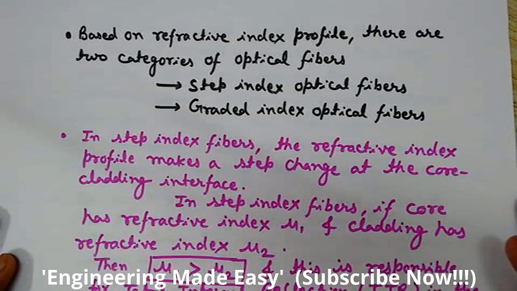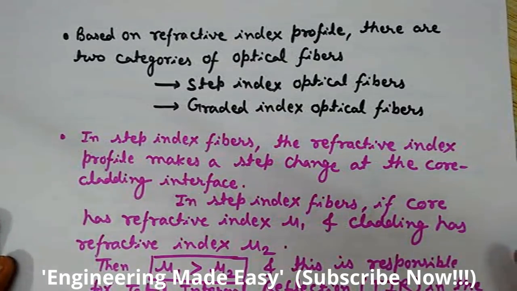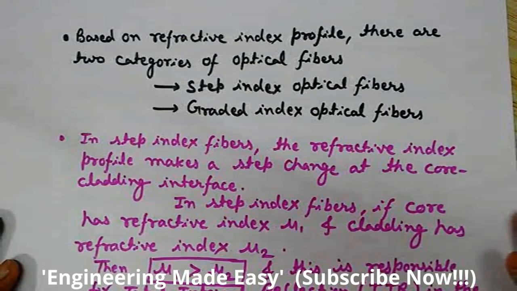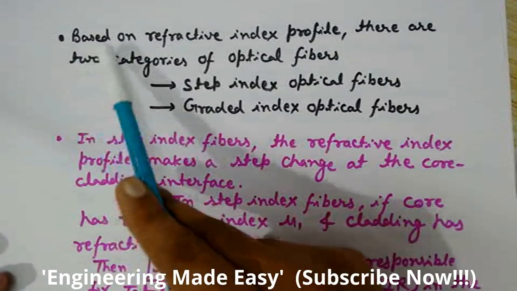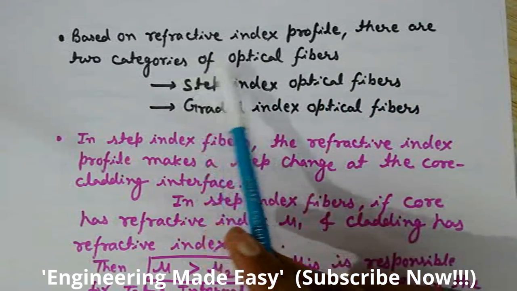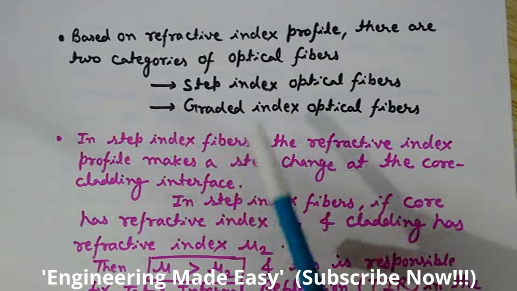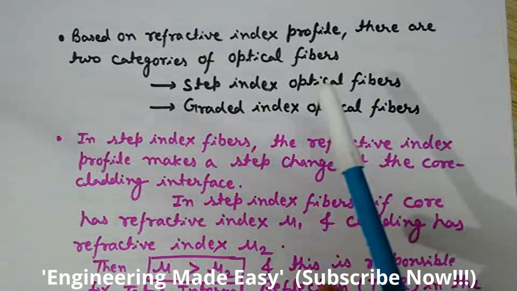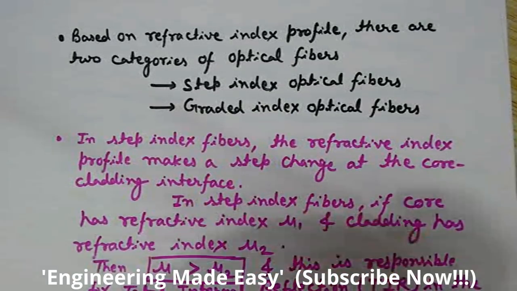So we are here studying the structure and working principle of optical fibers. Based on refractive index profile, there are two categories of optical fibers. We have categorized them in two categories based on the behavior of refractive index, how the refractive index varies.